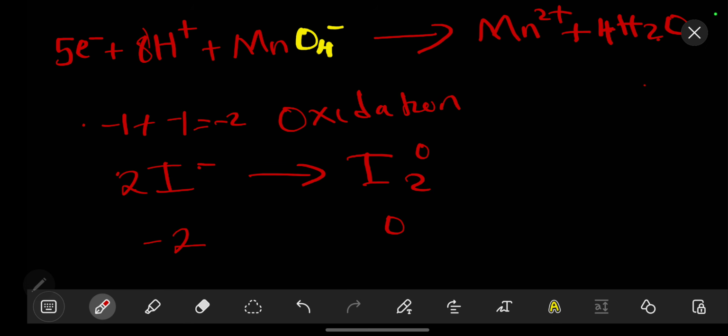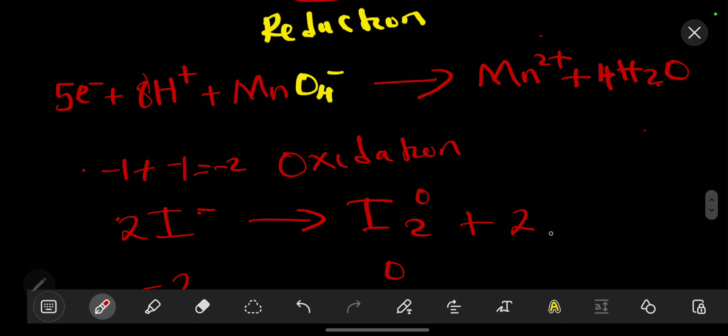So what do we do in order to get to a 0? We are going to add the 2 electrons to this side, since electrons are negatively charged. So we are going to do that. That means the charge has been balanced on both sides. From here, what we are going to do is multiply, because we need to combine the 2 equations.